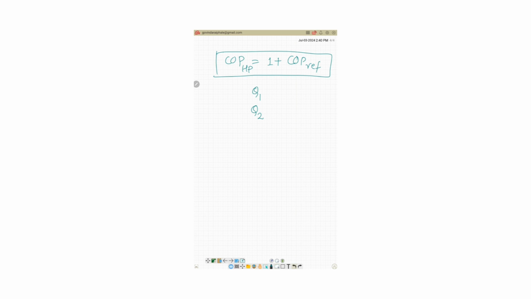The difference between these two devices is their function. The heat pump's function is to heat the space and the refrigerator's function is to cool the space. For example, to cool the food storage space a refrigerator is used, and for a water heating system a heat pump can be used as a heating device.